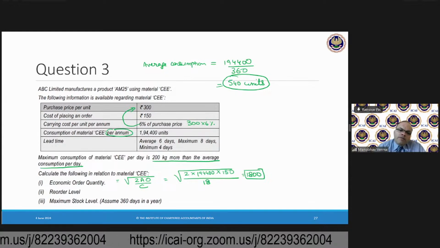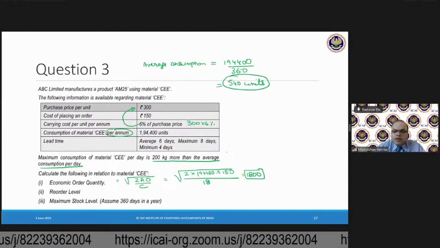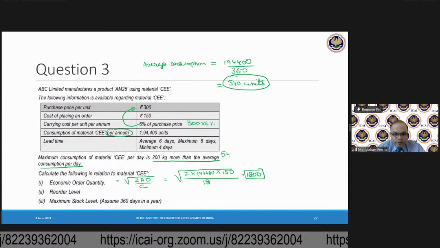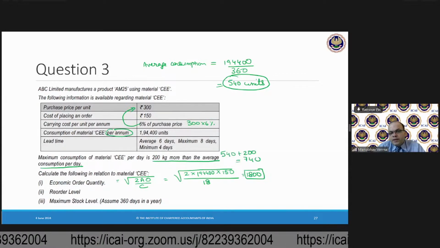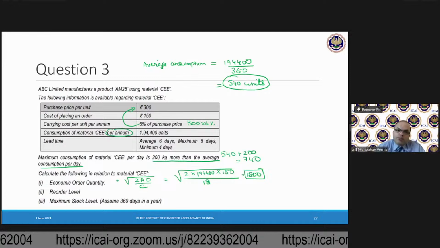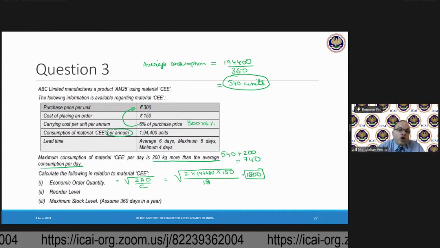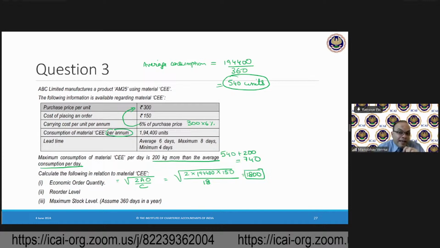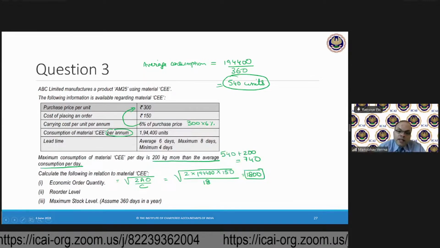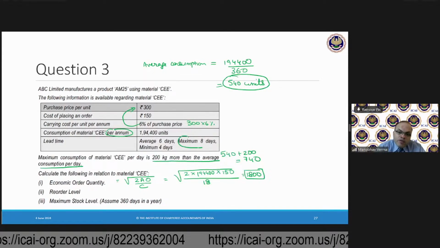Now, we are talking about maximum consumption given to us as 200 more than the average one. So 540 plus 200 is 740 then. So we got the maximum consumption, and the formula for reorder level is maximum consumption into maximum lead time. And there you go, we get a maximum lead time of 8 days.